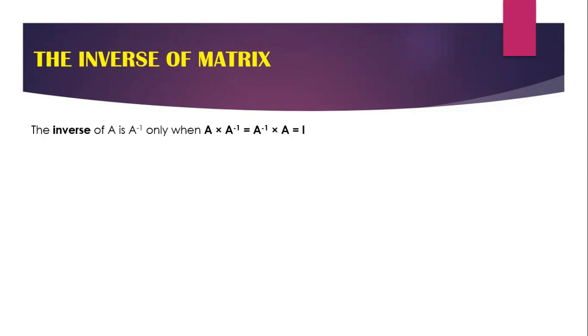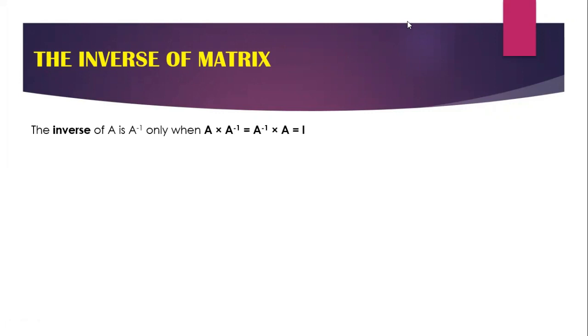That's the symbol of the inverse of matrix. Only when matrix A times the inverse matrix A to the power of minus 1, or the inverse matrix times matrix A, equals the identity matrix.